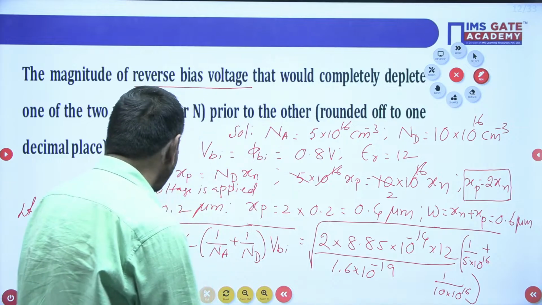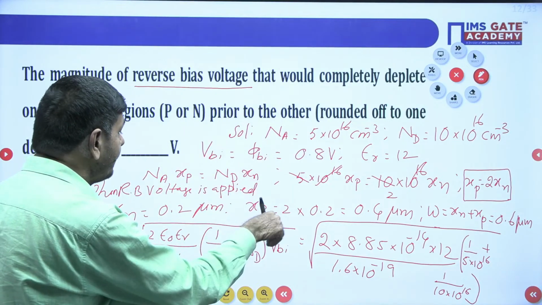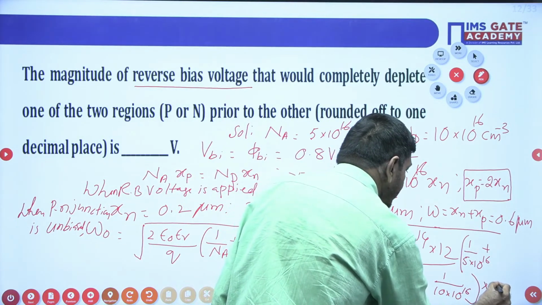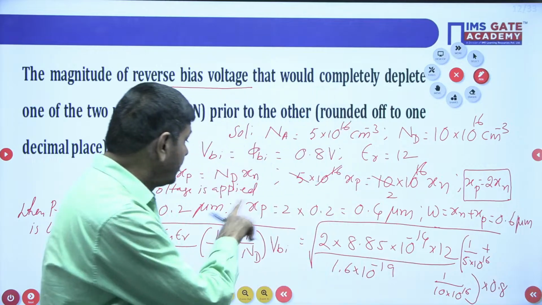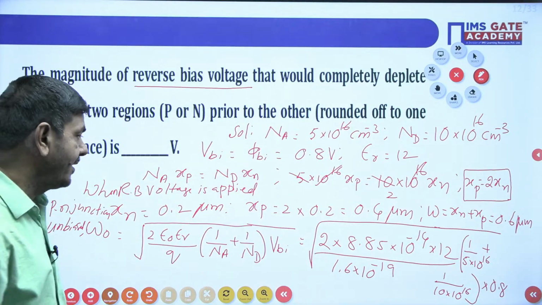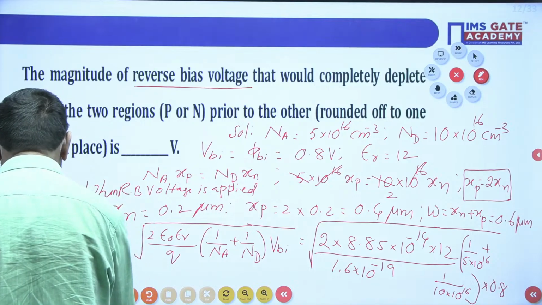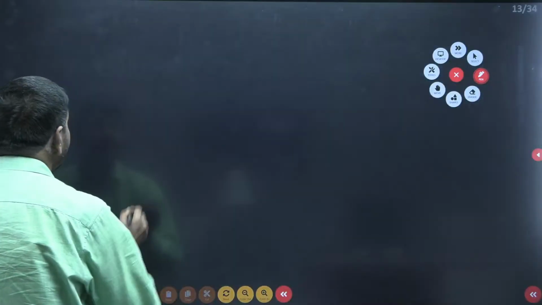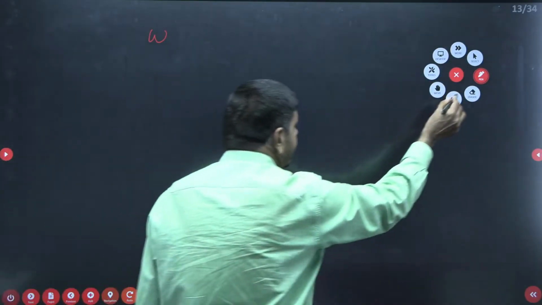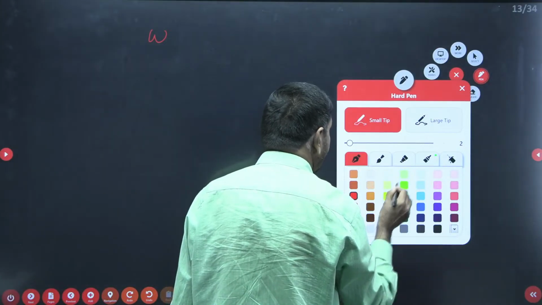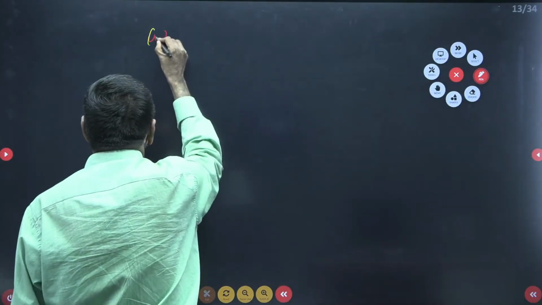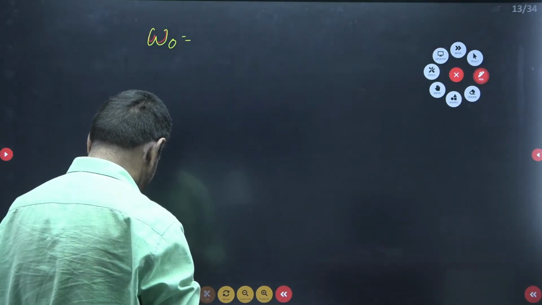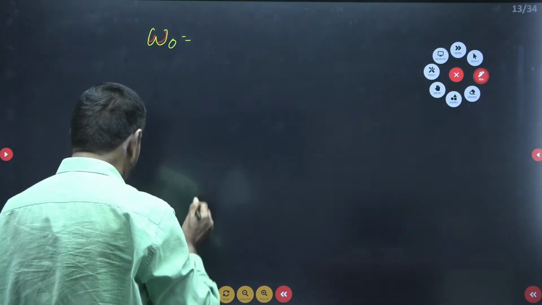Into VBI, which is the phi BI, 0.8. So you will calculate the W naught value. Finally, W naught value comes as 0.18.